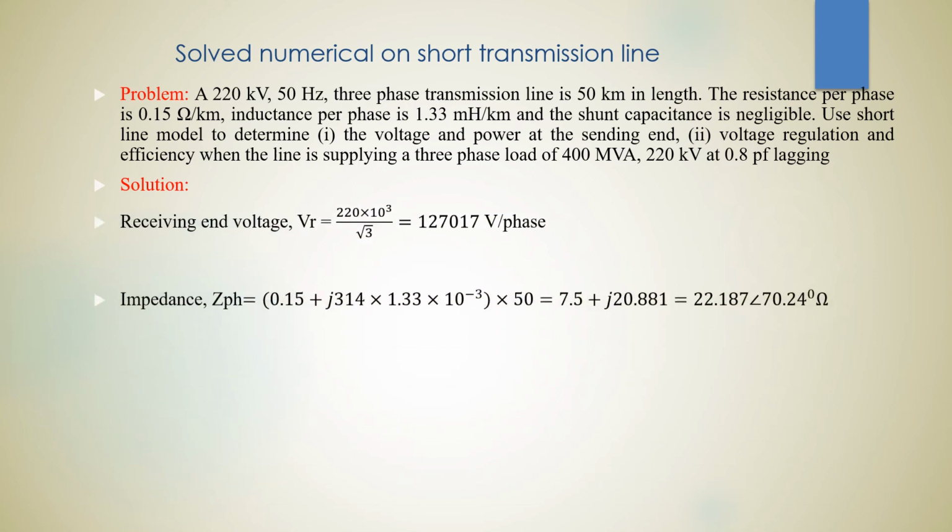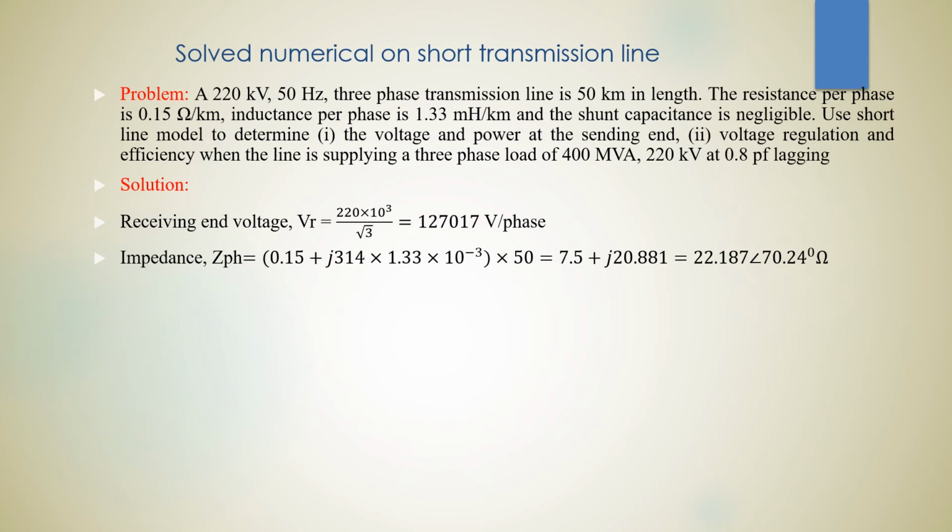Now the given quantities: receiving end voltage VR is equal to 220 into 10 cube divided by root 3. The voltage given, 220 kV, is a line-to-line voltage. It is a 3-phase system, so the line-to-line voltage is converted into phase voltage.